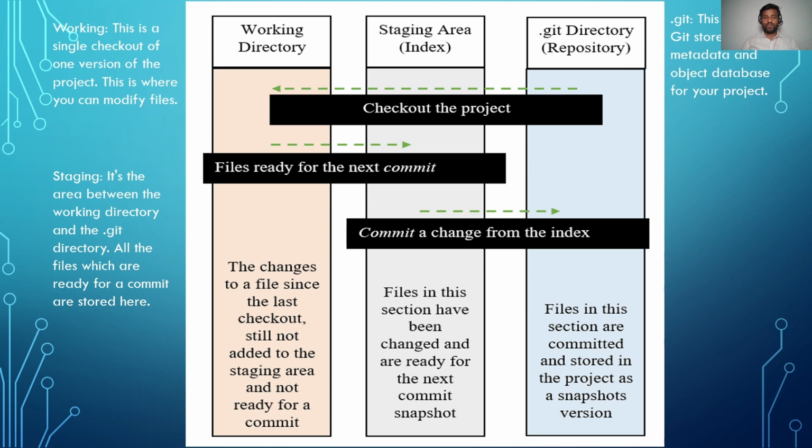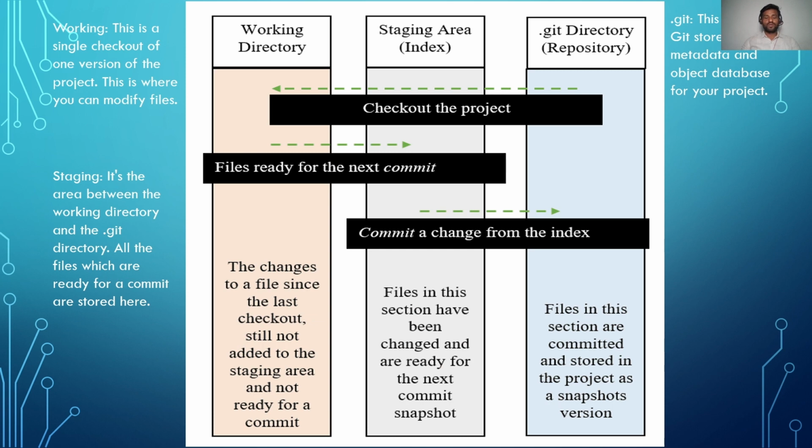After that, whatever code files the developer writes in the working directory, those files are ready for the next commit. So first of all, from the working directory they move to add. For moving, they are adding the files.